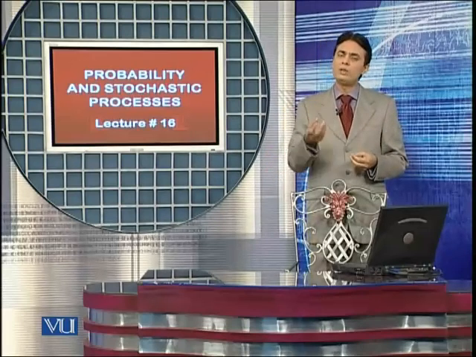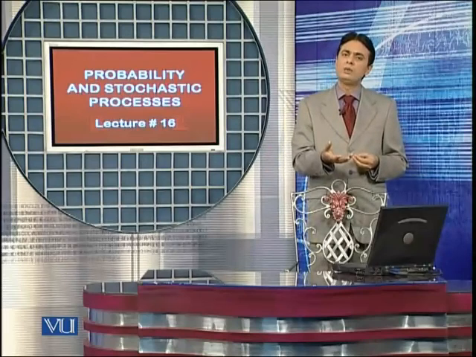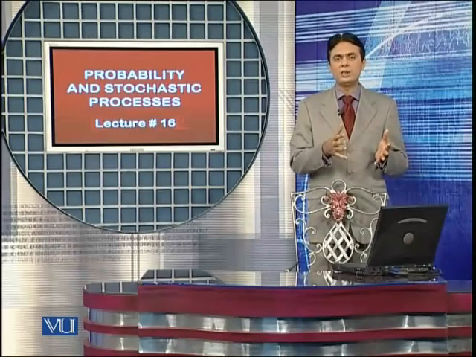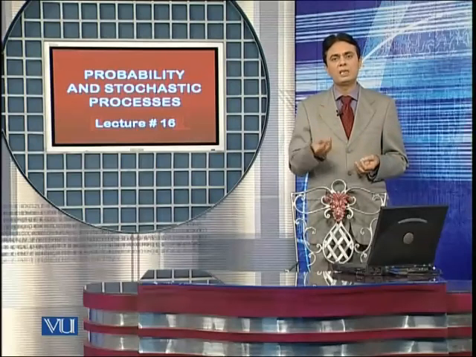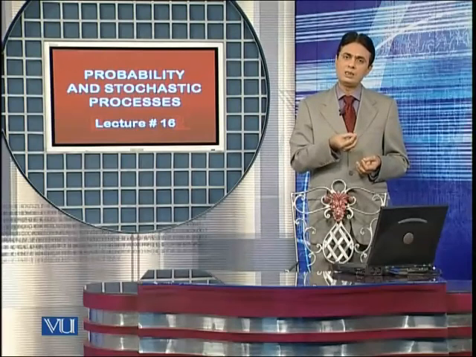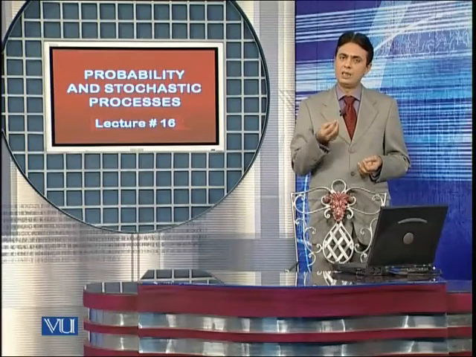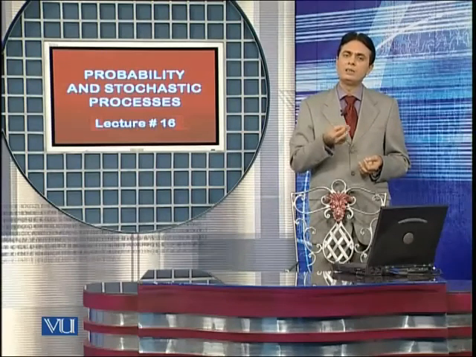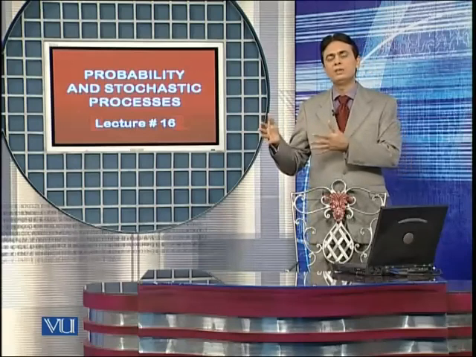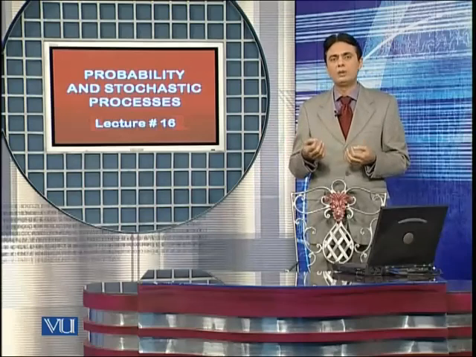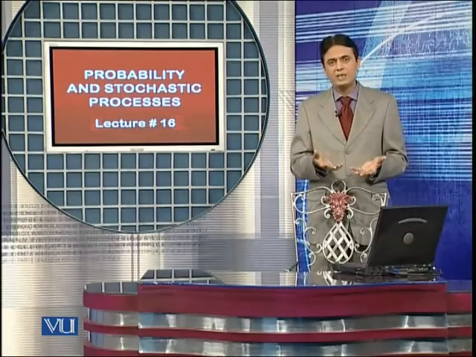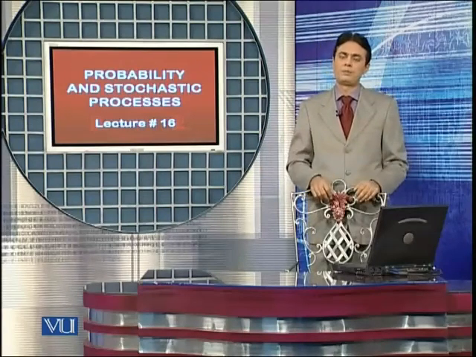So if you add a constant value to every observed value, you are changing the expected value of the random variable by the same value c. It's easy to see because this addition of c is a linear function, and this simply translates to the expected value of y being equal to the expected value of x plus c.